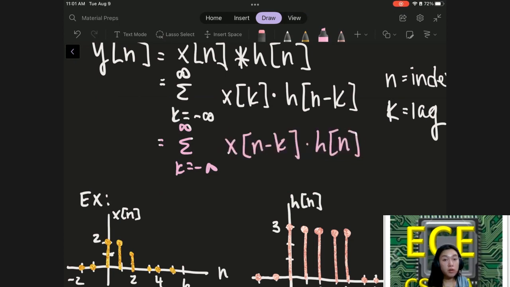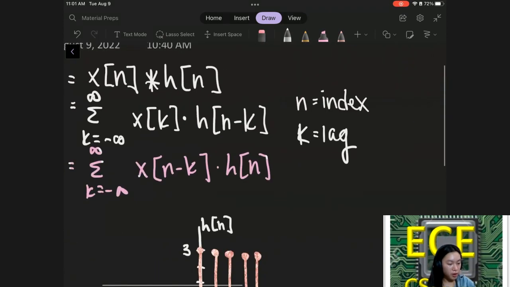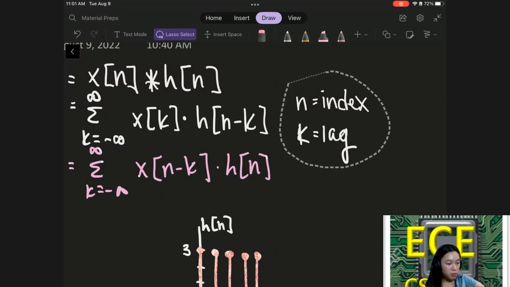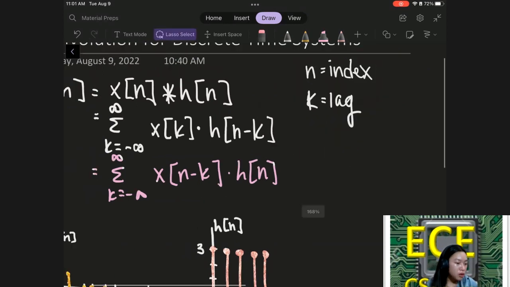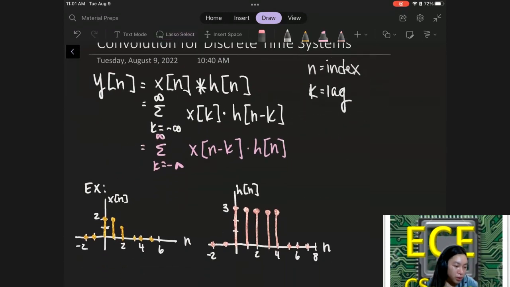If you look, you can rewrite this equation as the sum of k from minus infinity to infinity of x of, pull out the n, minus n plus k, times h of n.